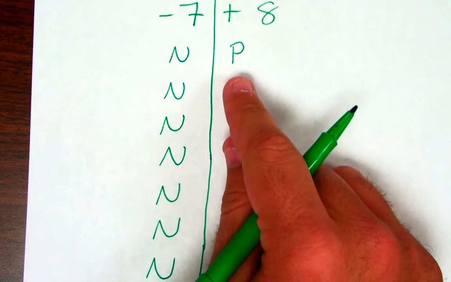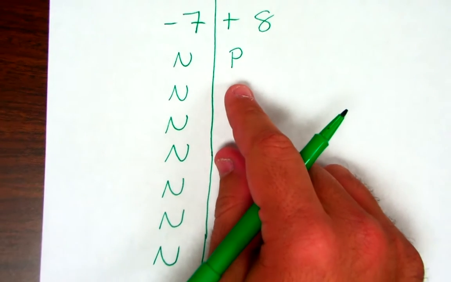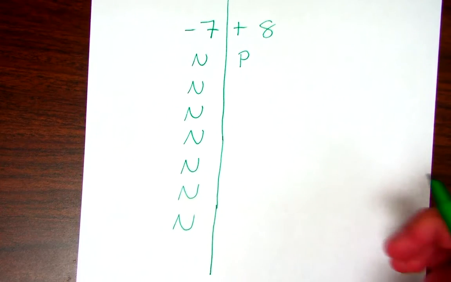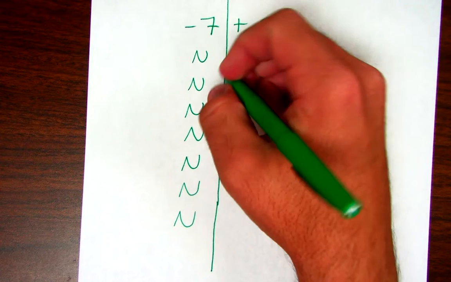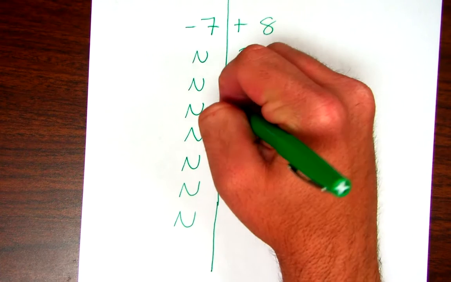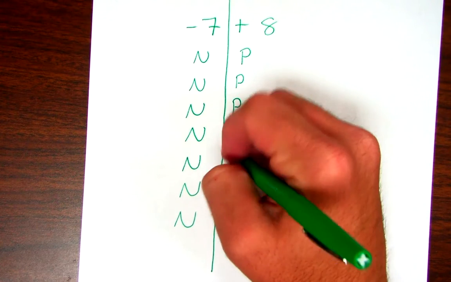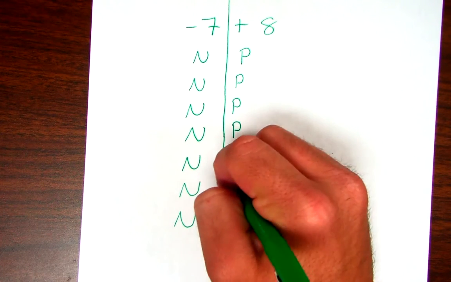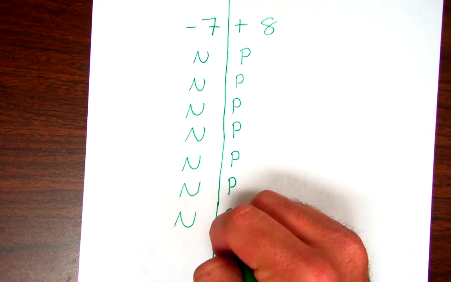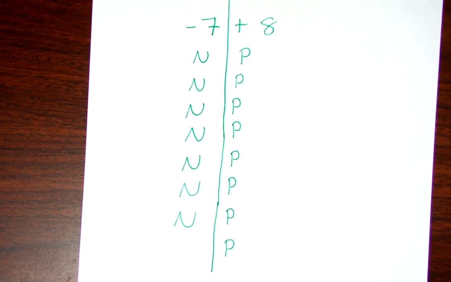And now we're going to have 8 people with positive attitudes. So let's go and label those. There's 1, 2, 3, 4, 5, 6, 7, 8.